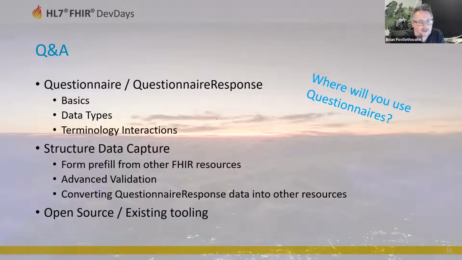The FHIR path based extraction is if you want to go and grab other content. With that, you can define a search bundle to say, go and get me this data. And so it might pull out the related persons because you want some of that, pull out some medications, and then you want to use those FHIR path expressions to read that data that you pulled out and then pre-fill it.